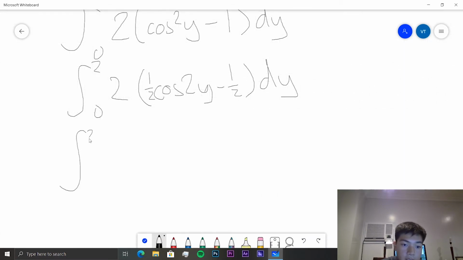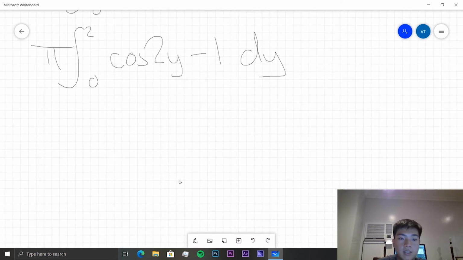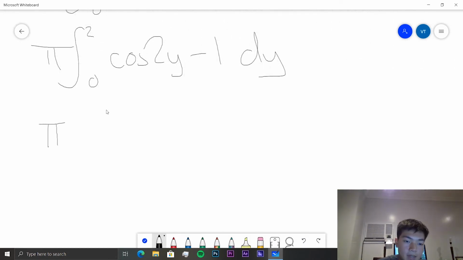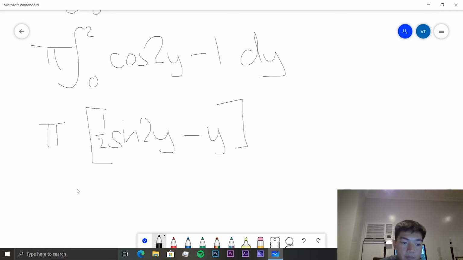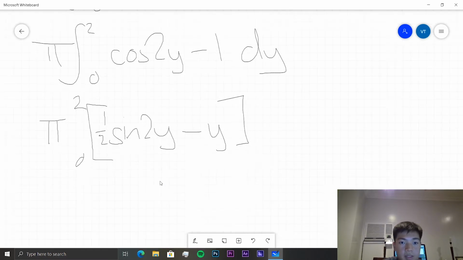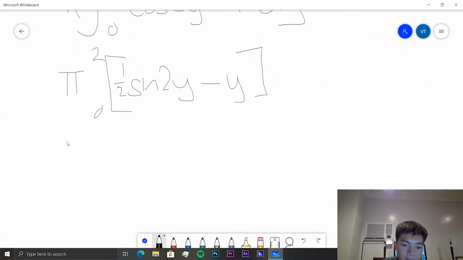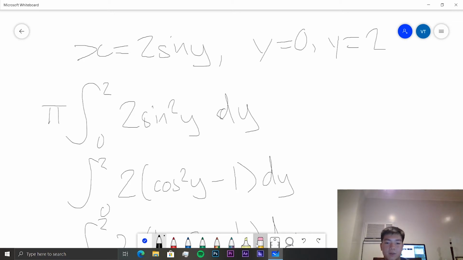So this is equal to the integral between 2 and 0 of cosine 2y minus 1 dy times pi. So this will be pi times 1/2 sine 2y minus y between 2 and 0. So a bit weird limits though. This would be what, pi? Oh, so this is, sorry, this is 4 sine squared y.